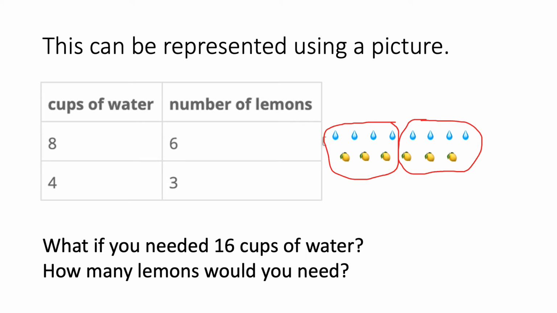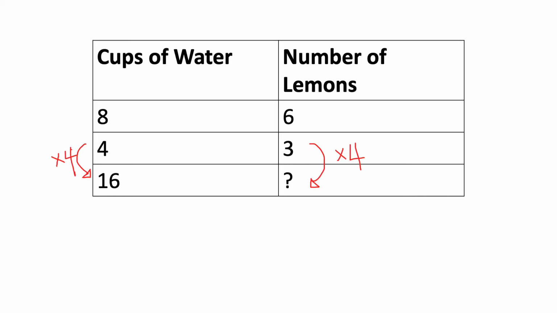So I have a question for you. What if you needed 16 cups of water? How many lemons would you need? So we're going to create another equivalent ratio, but using 16 cups of water. You want to think about, what am I multiplying the cups of water by to get the new cups of water of 16?